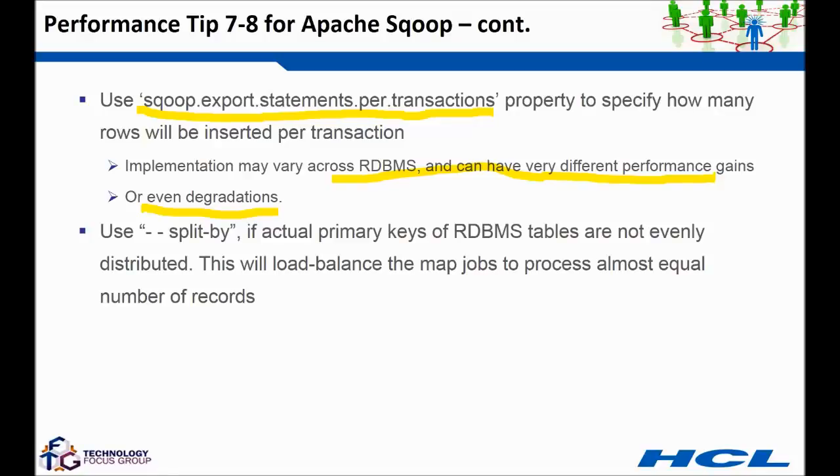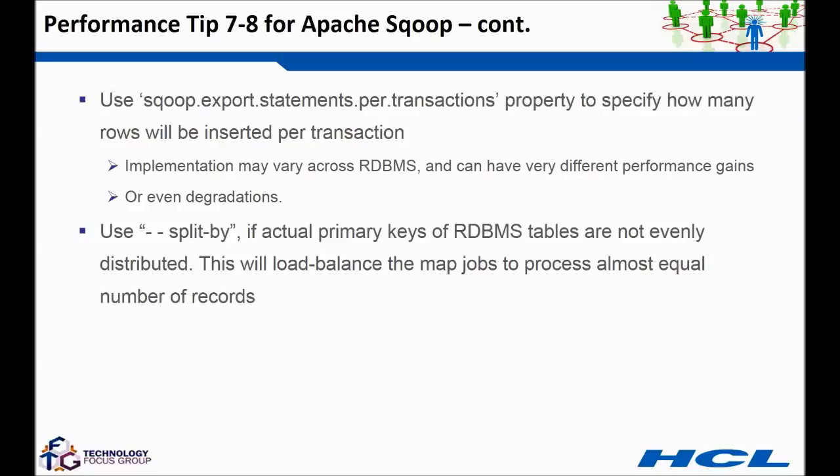Another very important parameter is split-by. If you don't specify this, generally what Sqoop does is it uses the primary key.